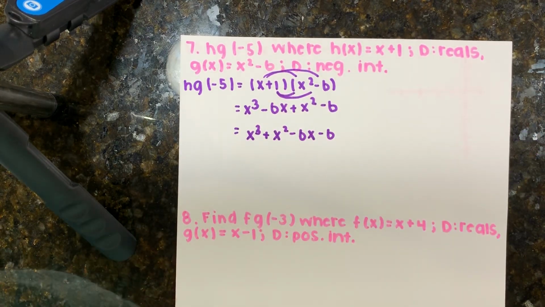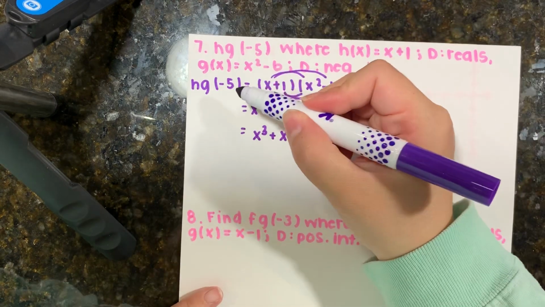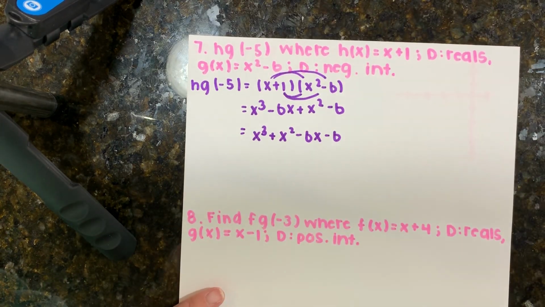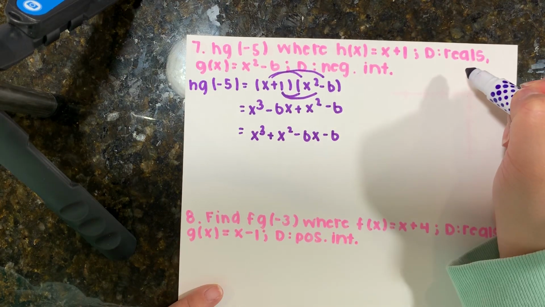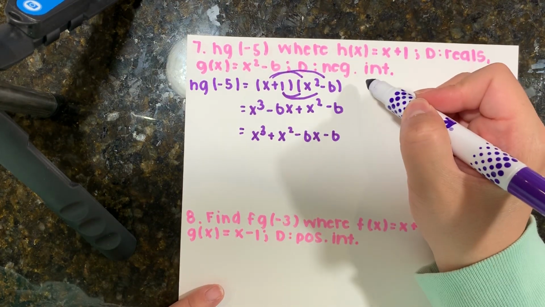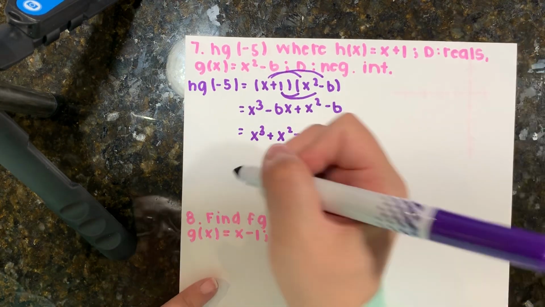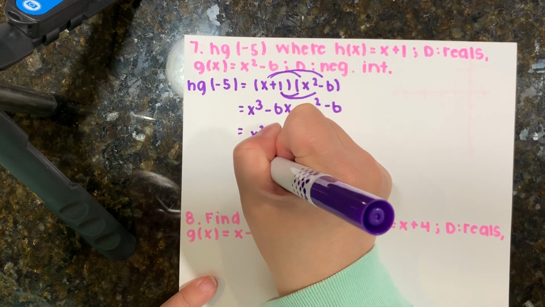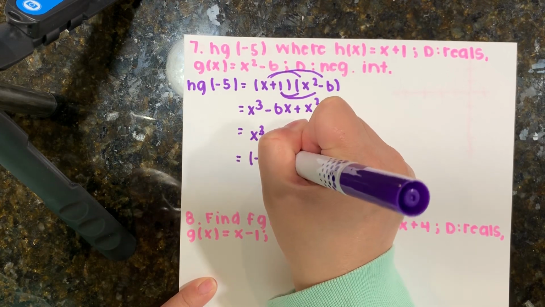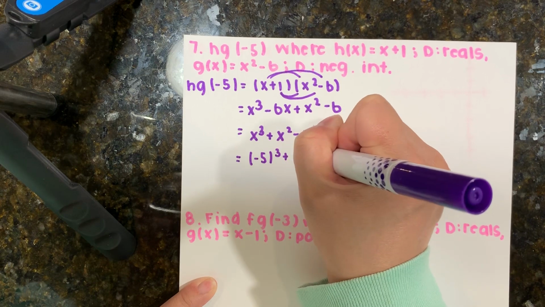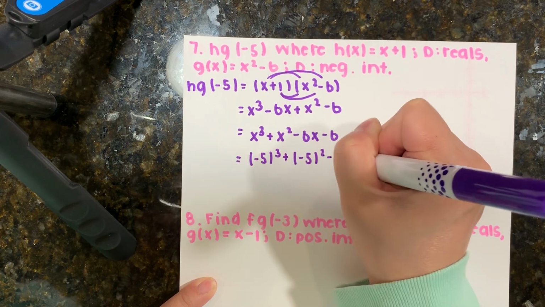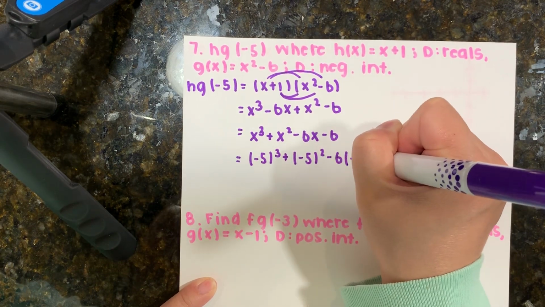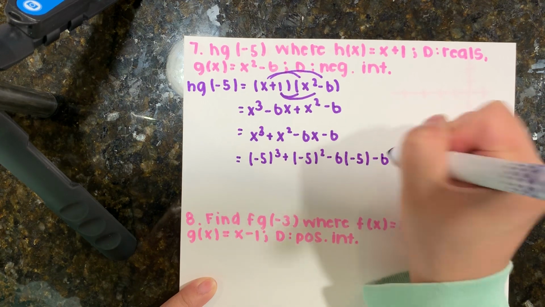And the last thing I need to do is make sure that this number is contained in both of the domains. Well, -5 is a real number, and -5 is a negative integer. So I can plug this into the function, which means that I have to do -5 to the third power plus -5 to the second power minus 6 times -5 and then minus 6.